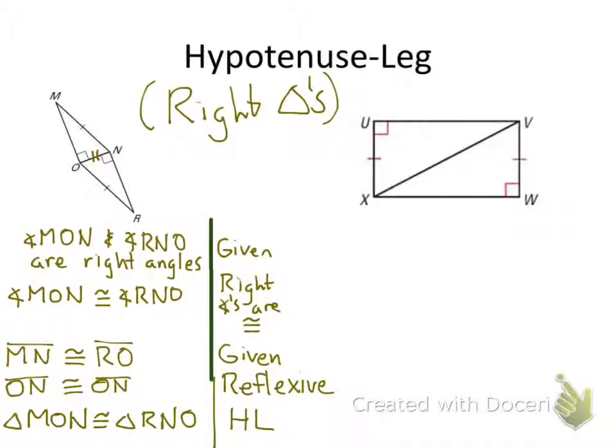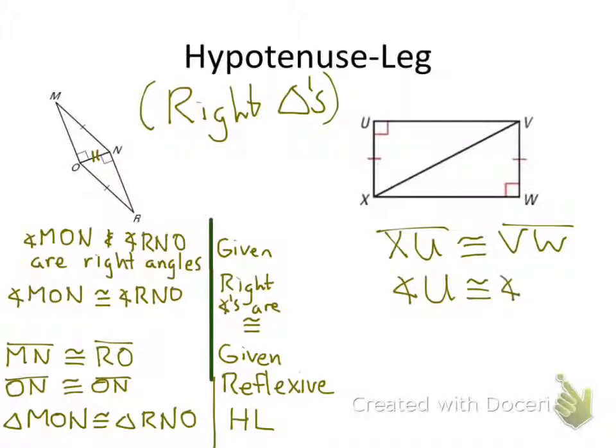Now, look at the one on the right. Let's mark what we have. We have XU and WV are congruent. We have right angles at U and W. So we're just going to do this the quick version. Those are congruent, and then I know angle U is congruent to angle W. That's because right angles are congruent. Now I need one more piece.